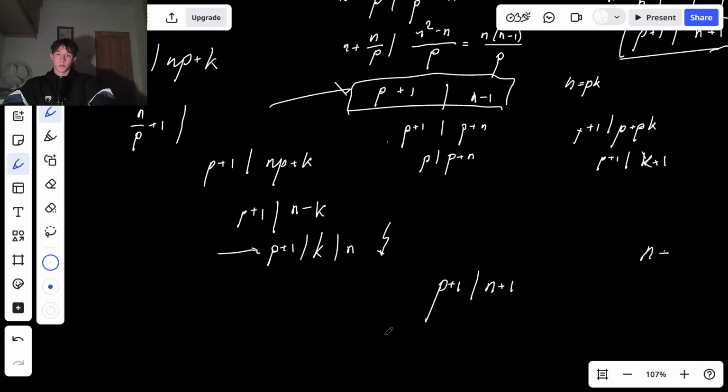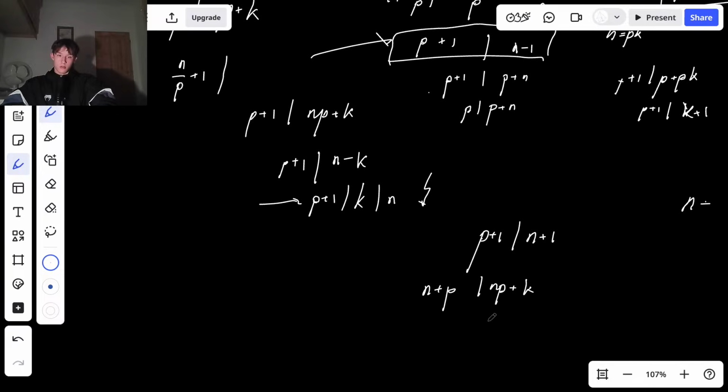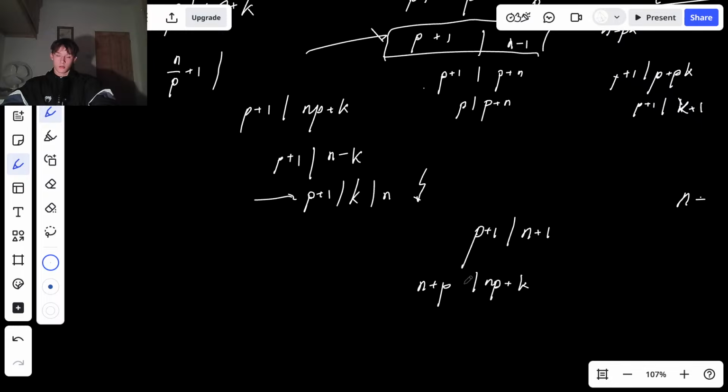And besides that, we know that n plus p must divide np plus some factor k. P plus 1 doesn't divide n plus p anymore, which is an issue because we wanted that to help us.